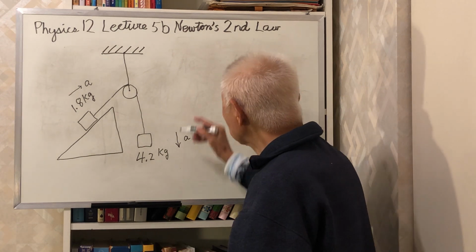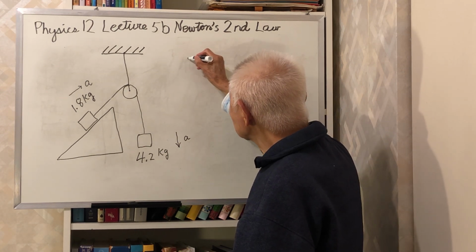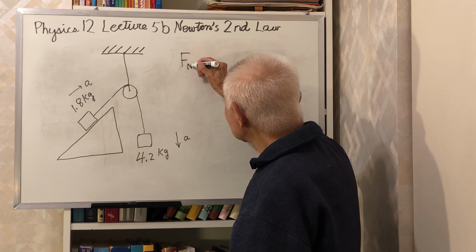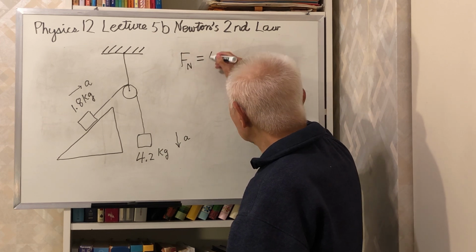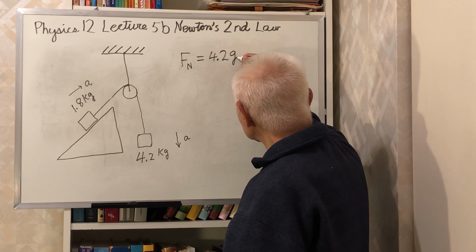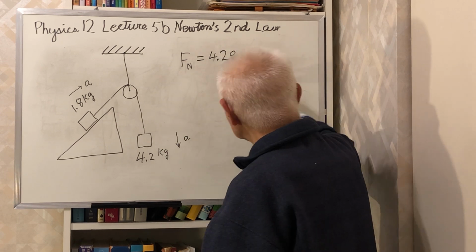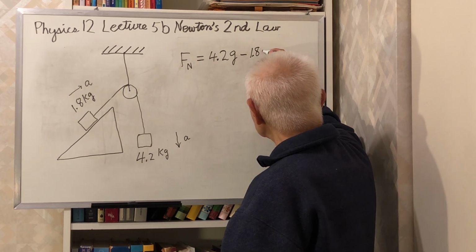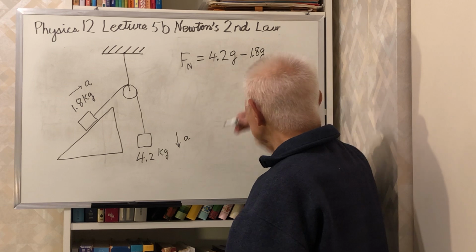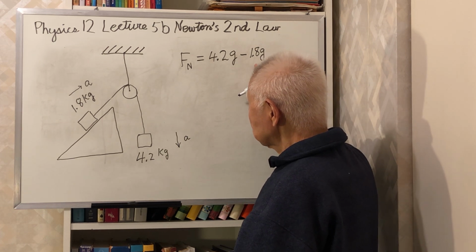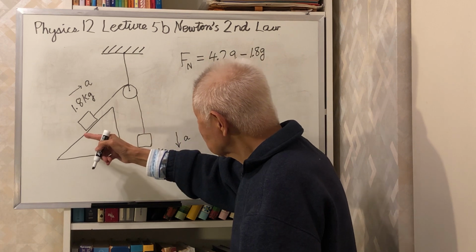So the net force is 4.2 G minus 1.8 G. This is the force of gravity, but I want the component.